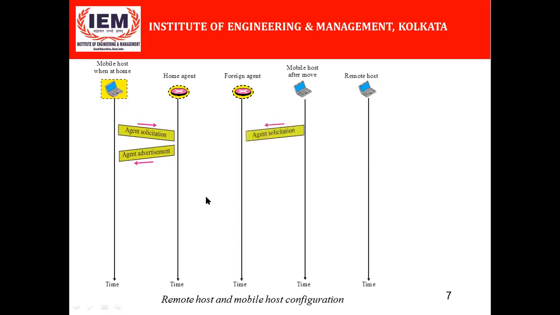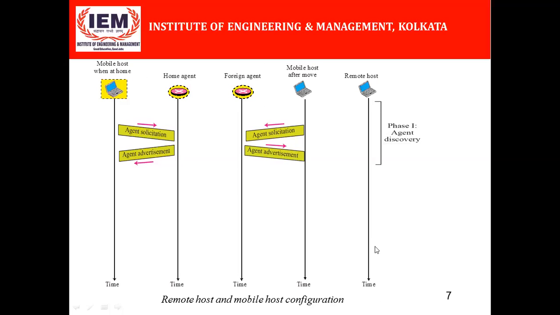Next, another agent solicitation after movement, while it is still under the home network, is transmitted towards the home agent. But when it moves from this location to this location, it transmits towards the foreign agent, not the home agent. Then the foreign agent transmits the agent advertisement.